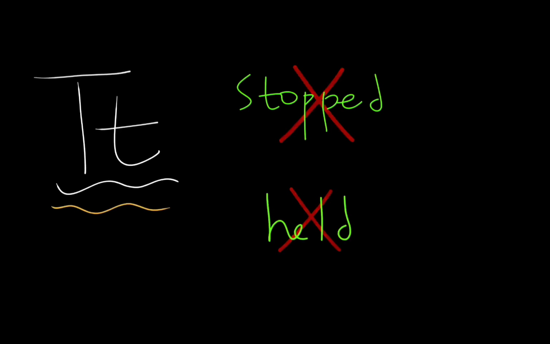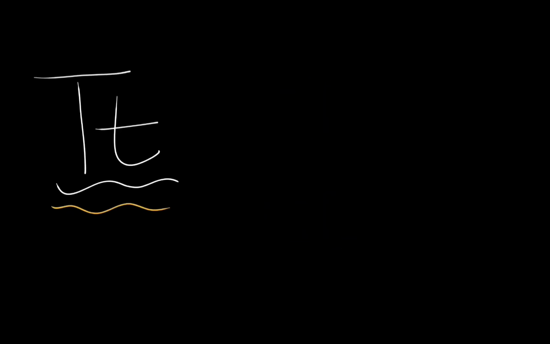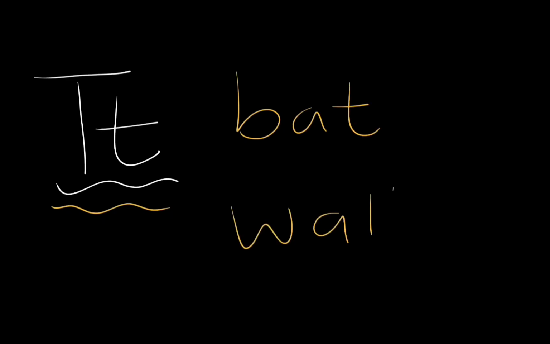There is also a case of the consonant ta where it is not stopped or held when it is at the end of a word, such as in the English words bat and wallet. So the final sound in these words is represented by the letter T. However, this letter is not sounded if you listen closely.